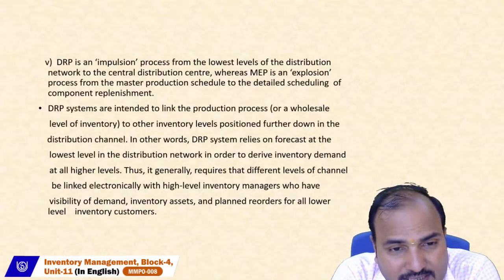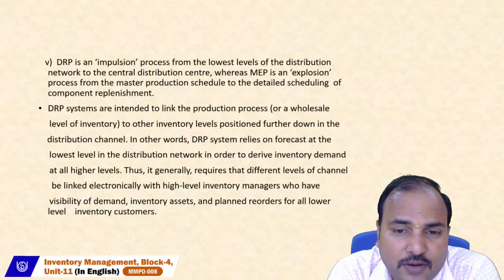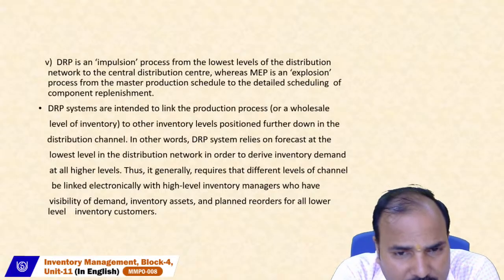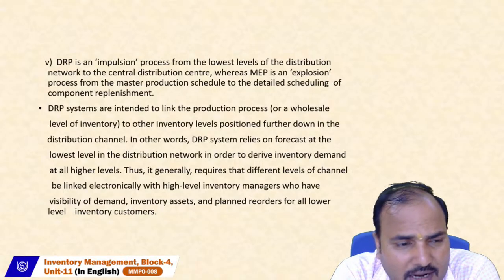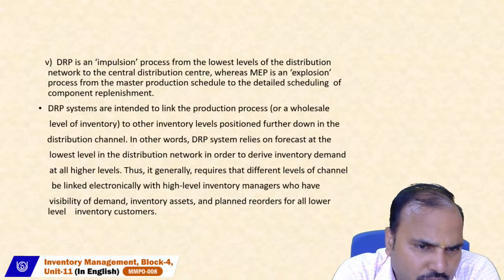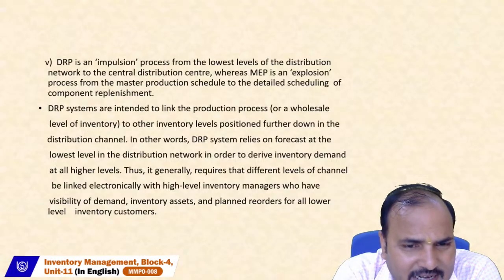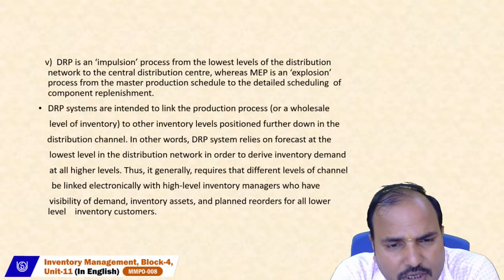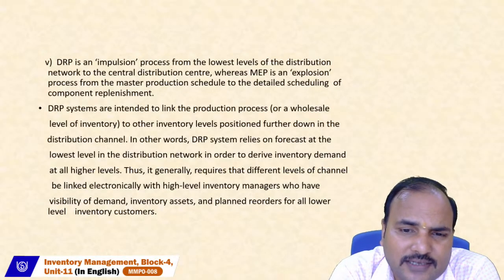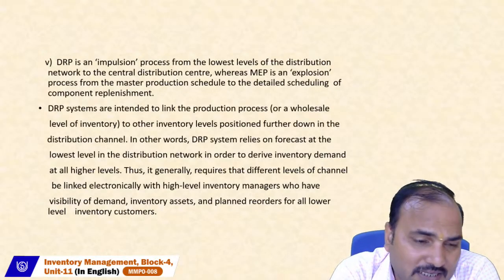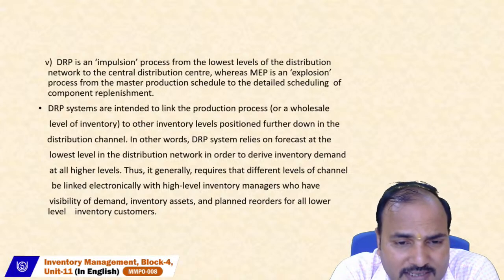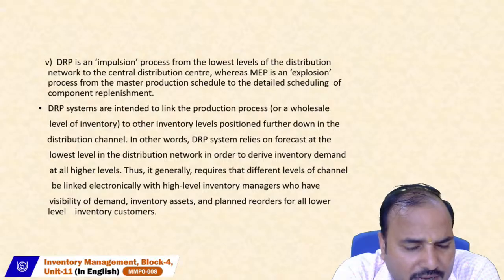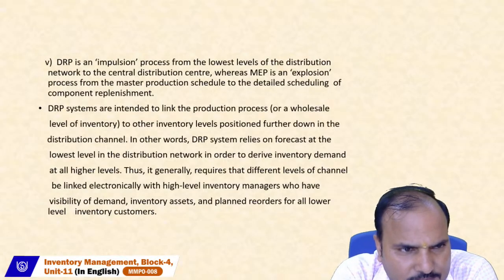In other words, DRP relies on forecasts at the lowest level in the distribution network in order to derive the inventory demand at all higher levels. Generally it requires that the different levels of the channel be linked electronically, so that high-level inventory managers have high visibility of the demand, inventory assets, and planned reorders for all lower level inventory customers.